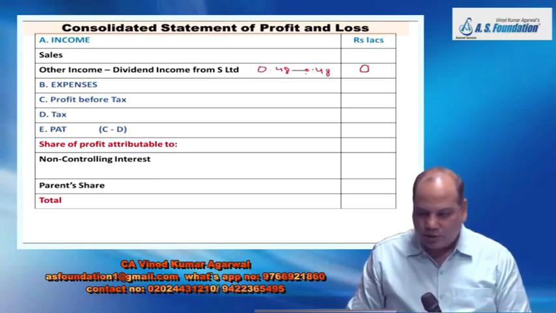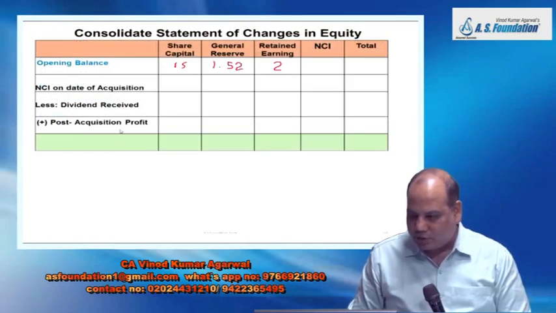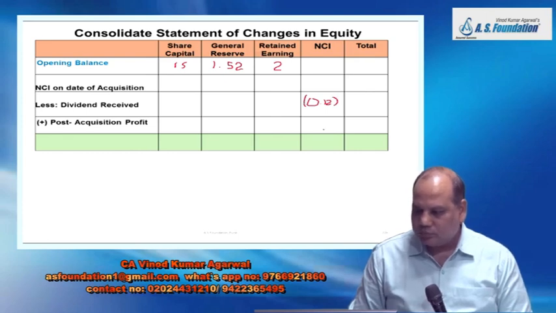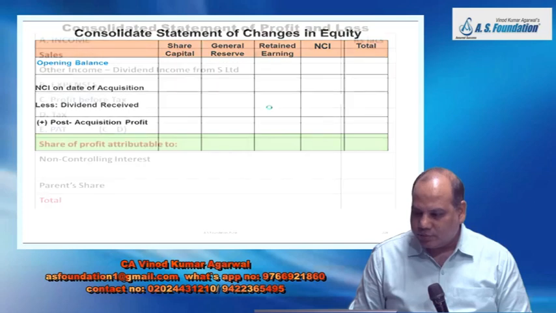And what about the remaining 0.12 that you deduct here? Less dividend received in NCI column, 0.12. I will not write in parent column. I have already deducted here.